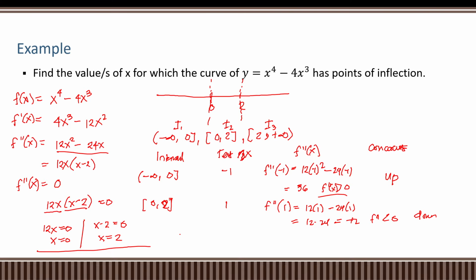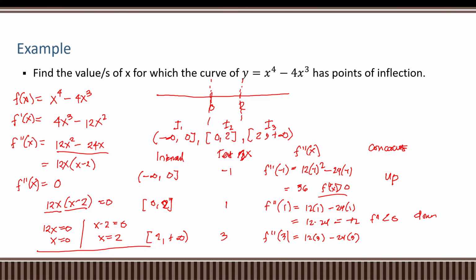And the third interval is 2 to positive infinity. The test here could be 3 because this is within interval 3. The double derivative is equal to 12 times 3 squared minus 24 times 3.